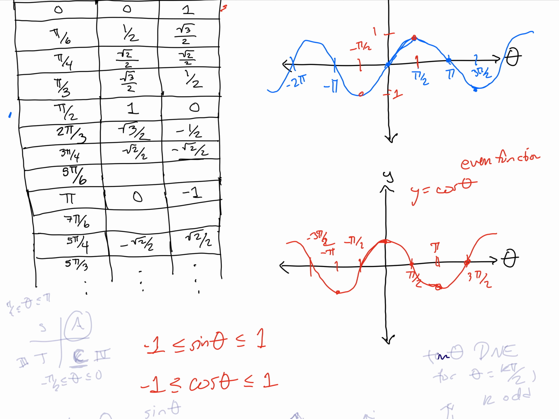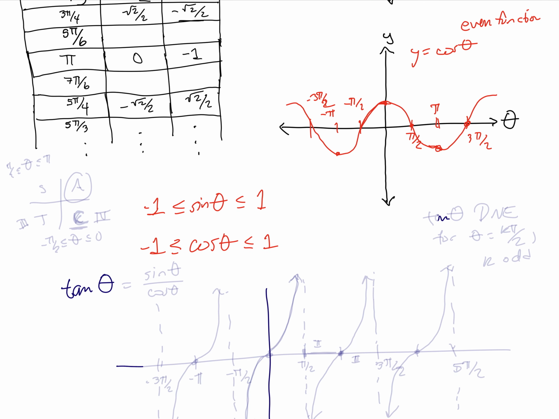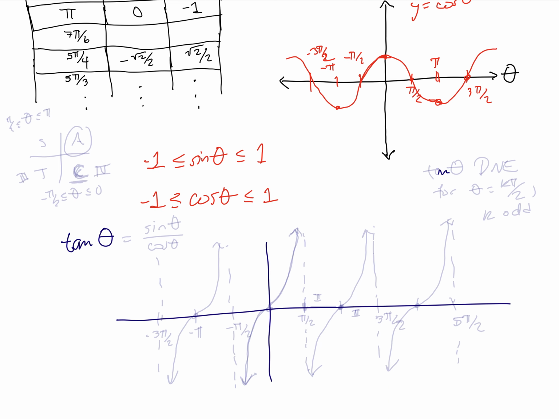Let's now talk about tangent of theta. So let's graph it here. This is equal to sine of theta divided by cosine of theta. One property we already noticed is that for every odd multiple of pi over 2, tangent of theta does not exist, it is undefined. So here's pi over 2, 3 pi over 2, and 5 pi over 2.